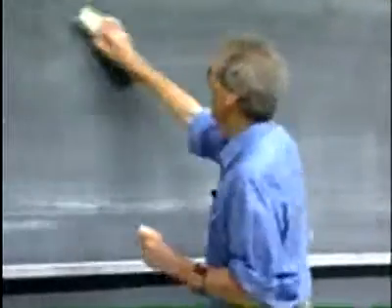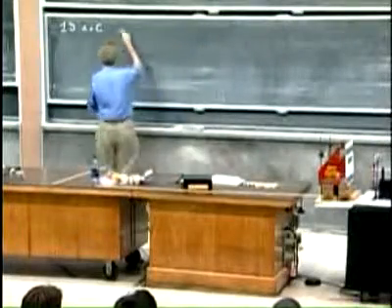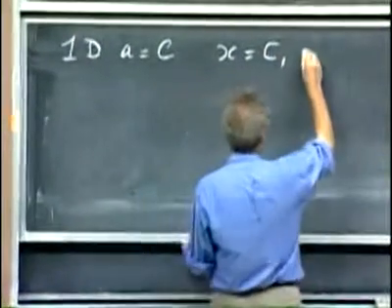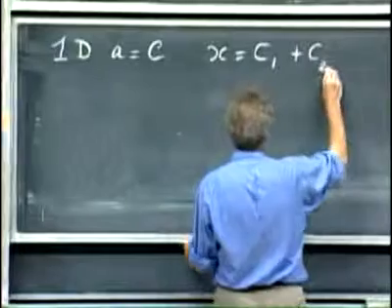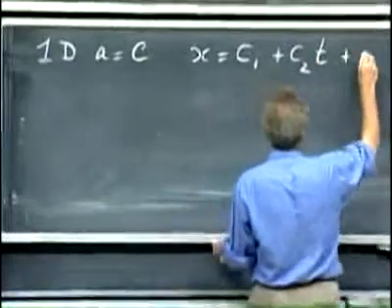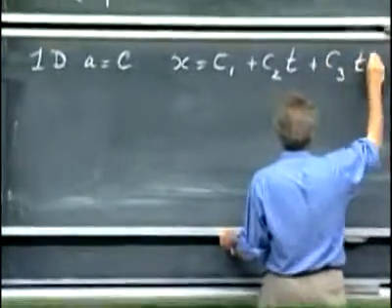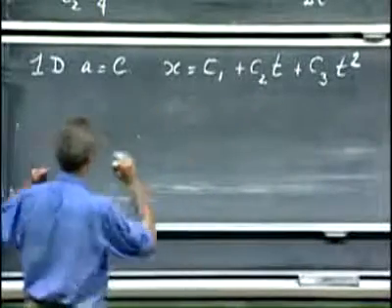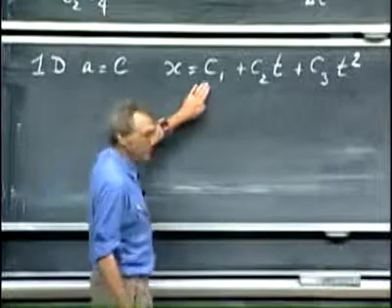The equation that I write down is the most general way that I can write it. So we're going to get x equals some number c1 plus some c2 times t plus some c3 times t squared. And notice, oh, I already erased my example.